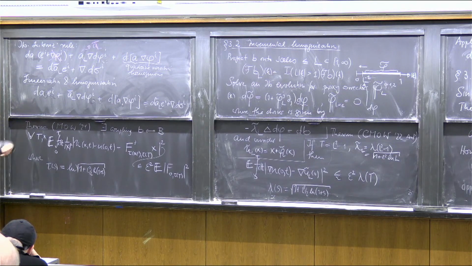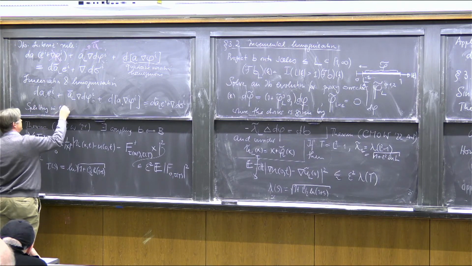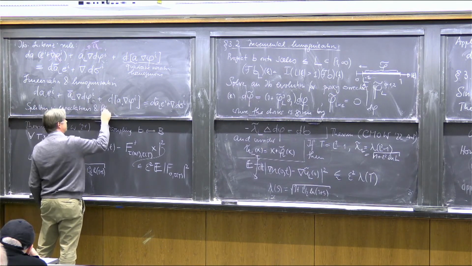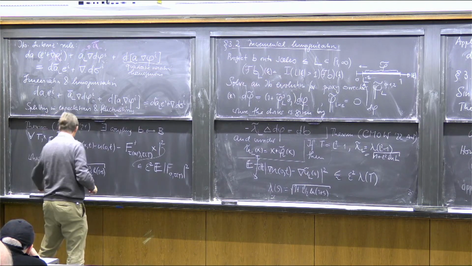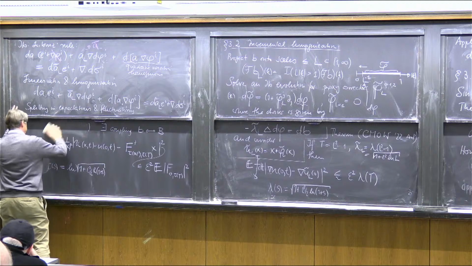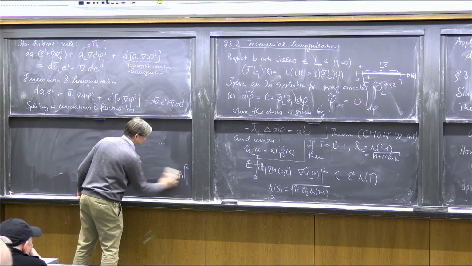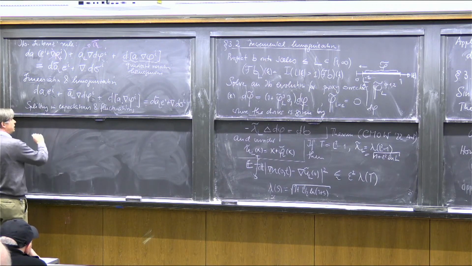And now the benefit is that we get something simple, and in fact we can rewrite this identity by splitting in terms of expectations and the remainder, so let me call them fluctuations. And if we do this, we get two identities.